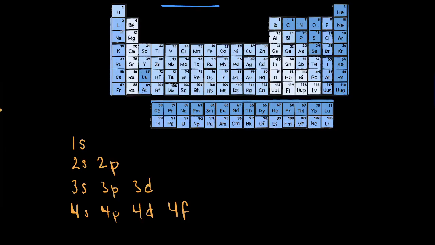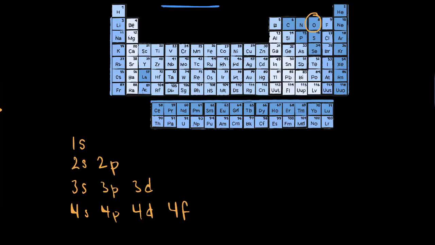So now that we've got this in mind, let's see how we can approach finding the electron configuration for an element. One thing to keep in mind is that it's handy to have the periodic table here. Let's say we want to find the electron configuration of oxygen right here. We need to first start by figuring out how many electrons oxygen has. Obviously that's important, because to find the electron configuration we need to know how many electrons the atom has.